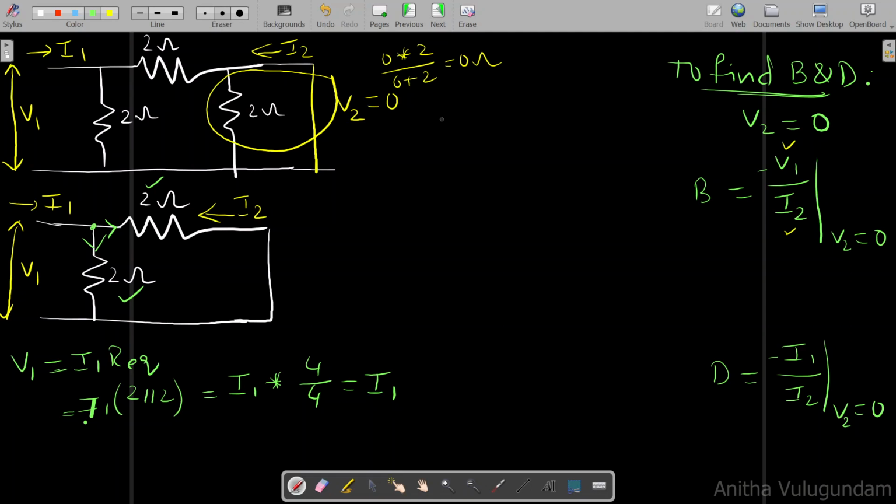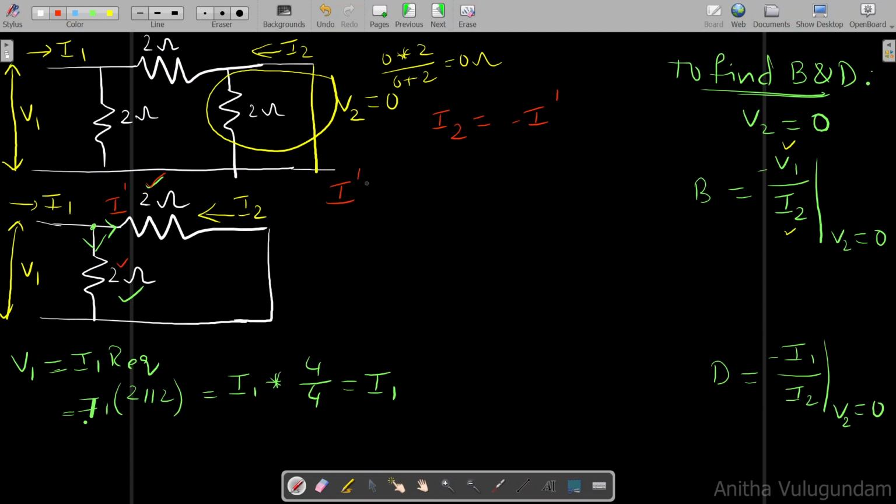Next, to find I2, I2 equal to minus I dash. Here current I1 gets divided in these two branches, and I'm assuming the current in this branch is I dash. As I dash and I2 are in opposite directions, I2 is equal to minus I dash.